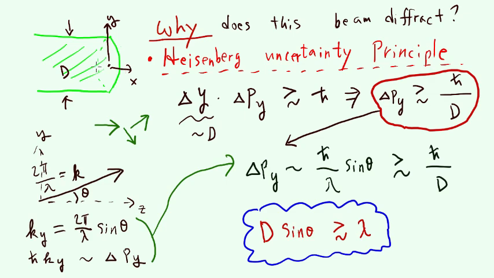You can take the x direction or any direction in the plane of the cross section of the beam. The beam will spread in all directions, because even though it may not look like this beam has y momentum values, it actually does. So over a long period of time, it will spread in the y direction, x direction, in all the directions. That's why you get a blurred beam.